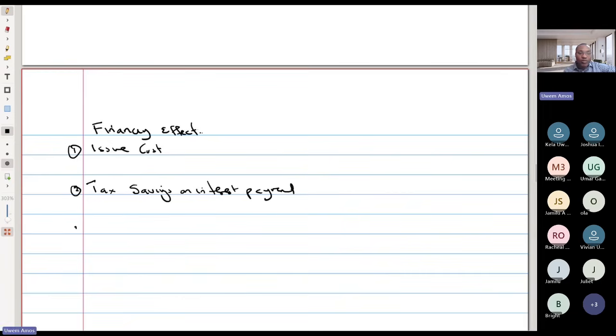And three, if there is a subsidized loan, you're going to have net benefits on subsidized loan. So these are the three you would have. Regardless of the details you have in there, these are the only three details you should be looking out for. I did mention that in our previous class.